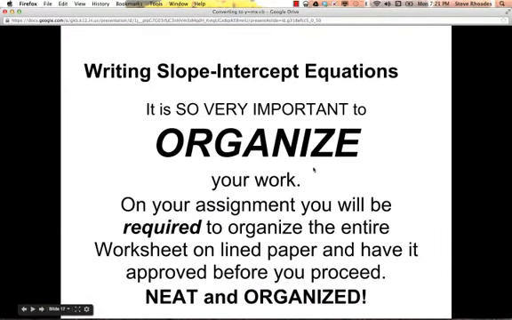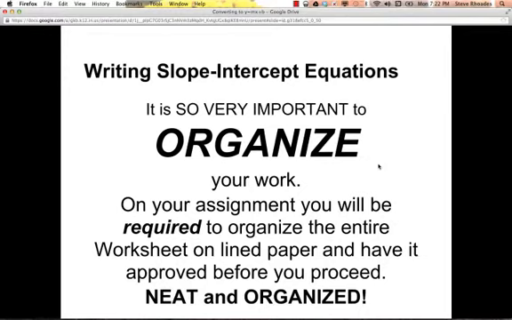I found that when students are rewriting these slope-intercept equations, one of the biggest, most popular mistakes they make is in organization. They try to rush through and forget to carry negative signs, or change positive signs to negatives when they weren't supposed to, or lose track of fractions and simplifying fractions.